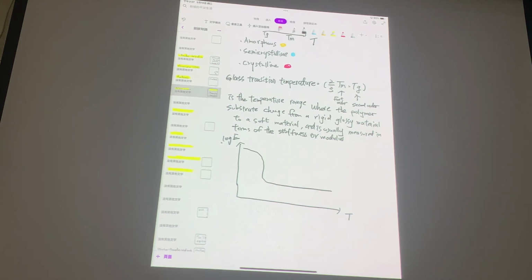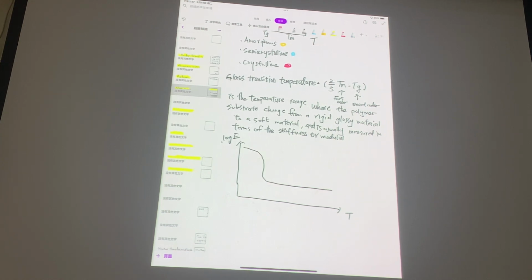Now, if it's a thermoplastic and a semi-crystalline or crystalline material, it will drop down over here.